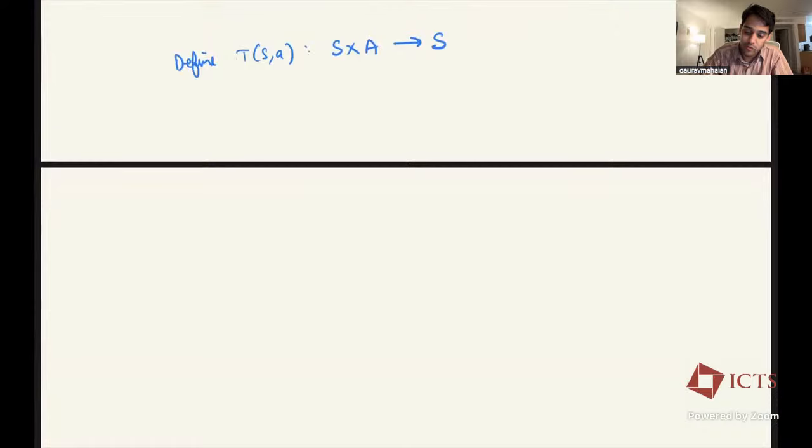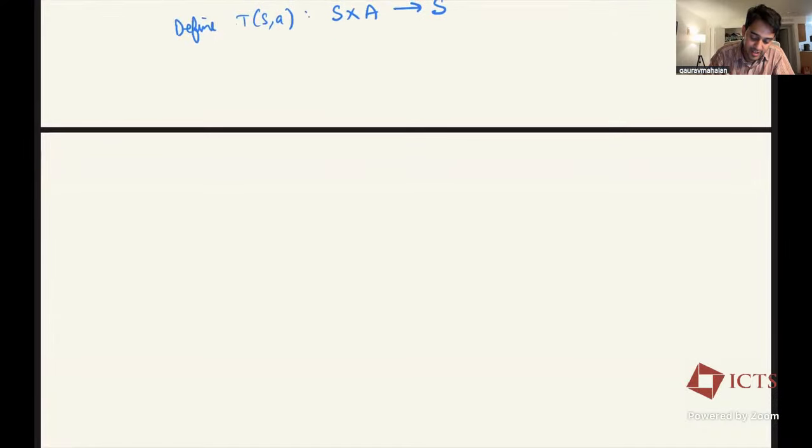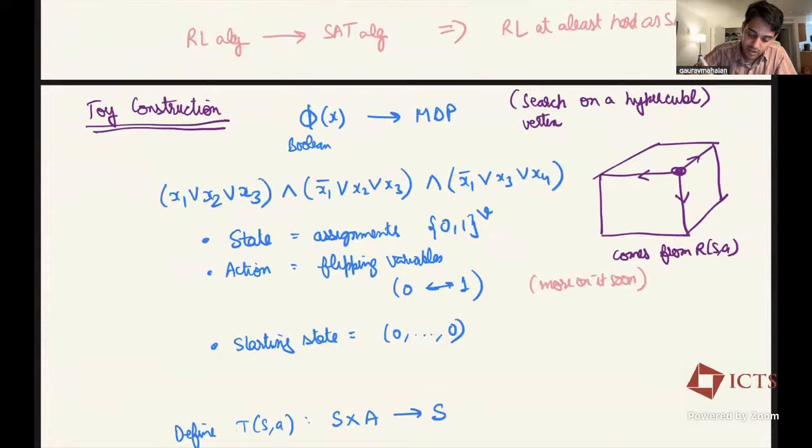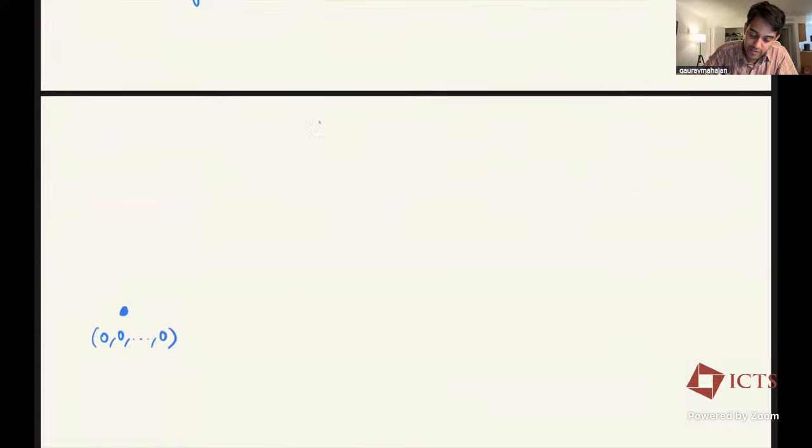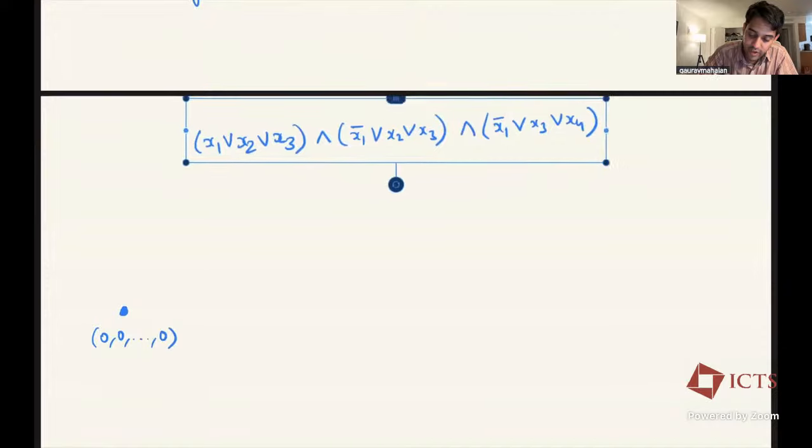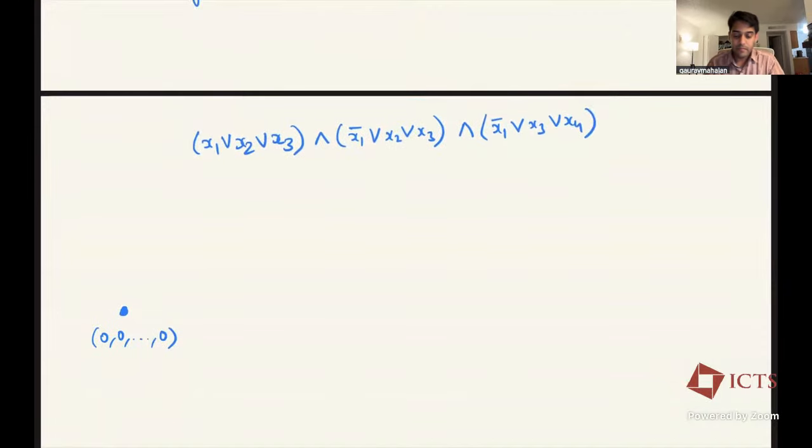So we know one of our states, we start from all zeros. Okay, let me copy the formula. This is the formula for which I want to write the MDP.